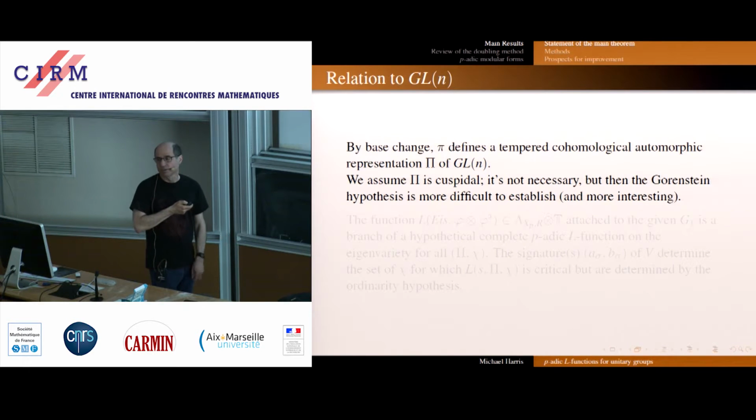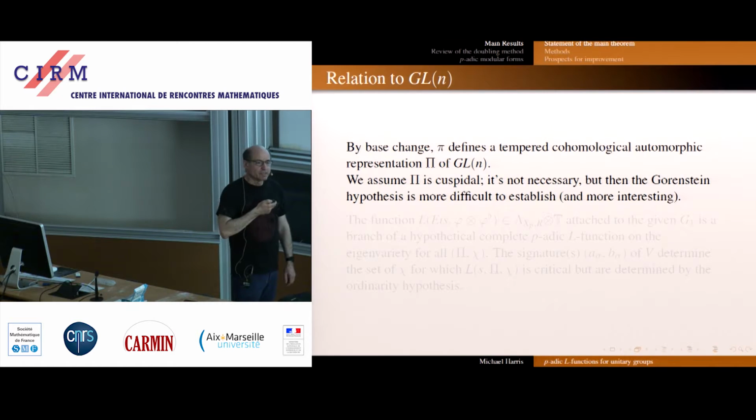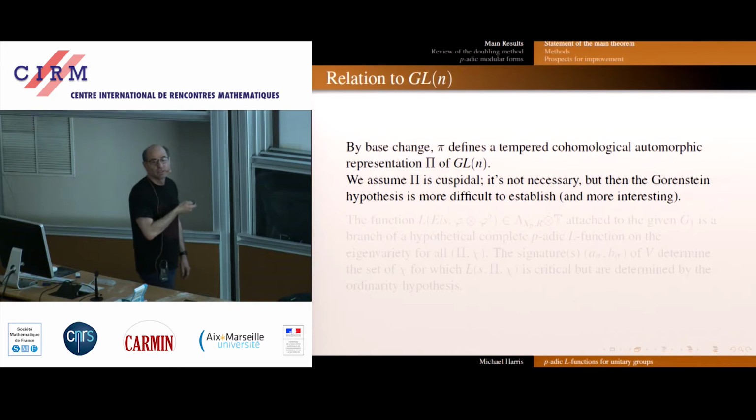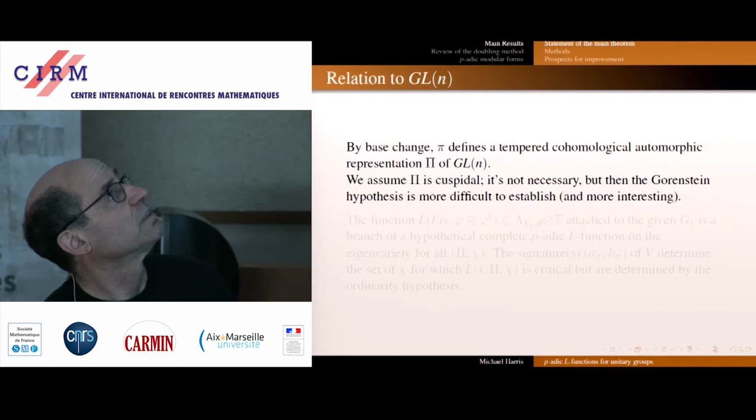The word tempered explains why the classical values, which are critical values of the L functions, look like they are at values s0 plus a half. If you take the motivic normalization, they will come out at integers. But if you take it in the Jacquet-Langlands normalization, it's something else. So pi is cuspidal.